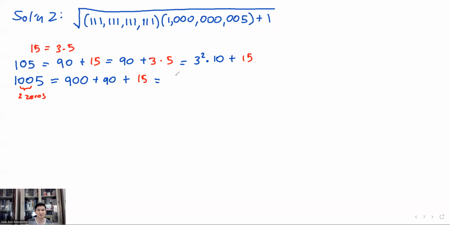This will be 3 squared times 10 squared, plus 3 squared times 10 squared.